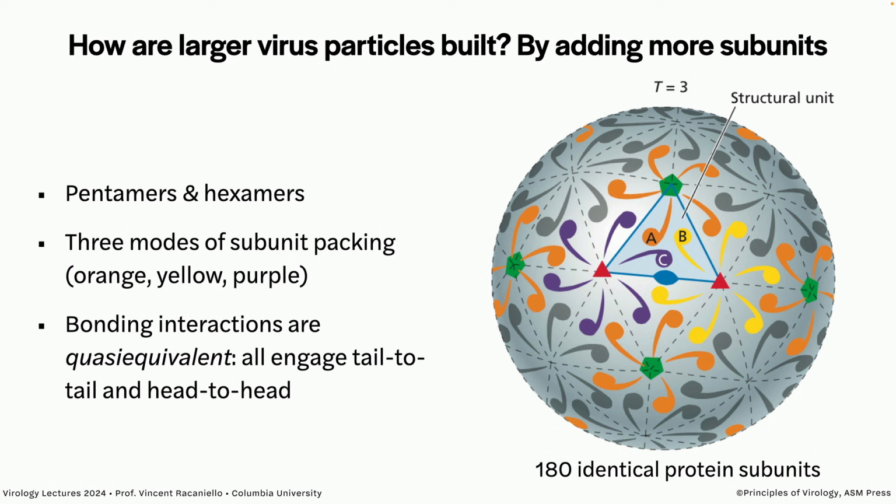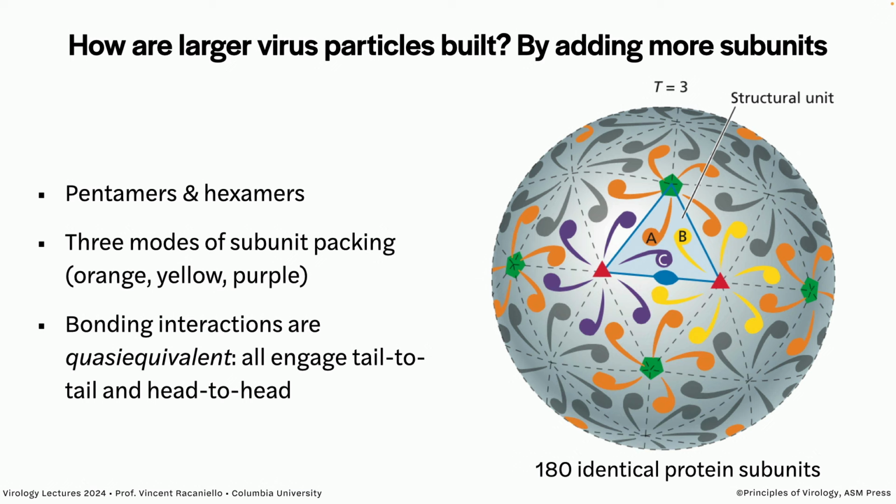And the clearest way to illustrate that is to say that when you put more than 60 subunits, and this is the next size that you can do, you don't do anything in between, you now have different modes of packing of the proteins. And so, whereas in the previous virus, we had only pentamers, associations of 5 proteins, here we have pentamers and hexamers.